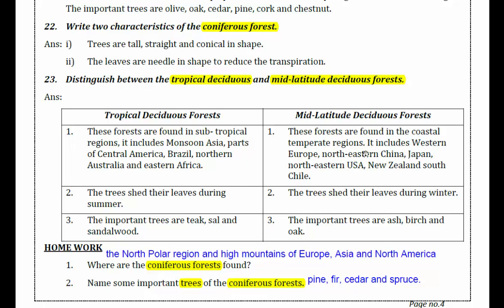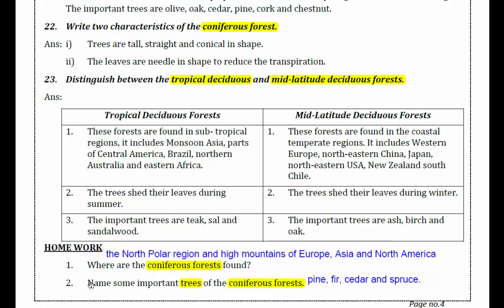It includes Western Europe, Northeastern China, Japan, Northeastern USA, New Zealand, South Chile, etc. Trees shed their leaves during summer in tropical deciduous, whereas in mid-latitude deciduous, trees shed their leaves during winter. Important trees of tropical deciduous forests are teak, sal and sandalwood, and mid-latitude deciduous forest trees are ash, birch and oak.